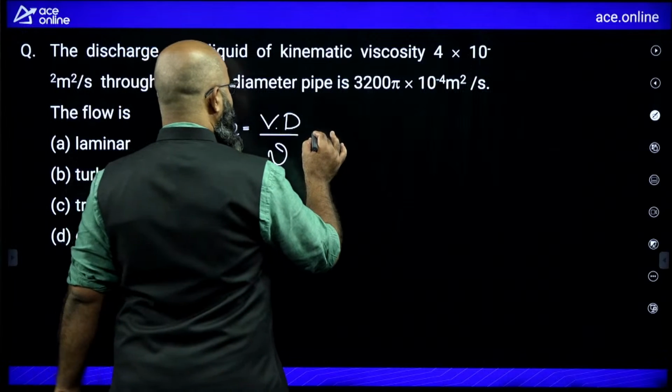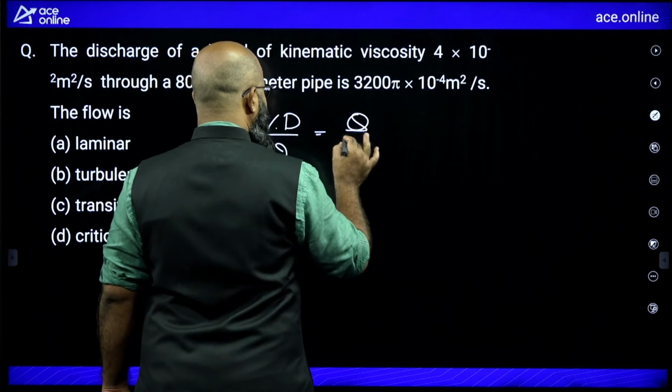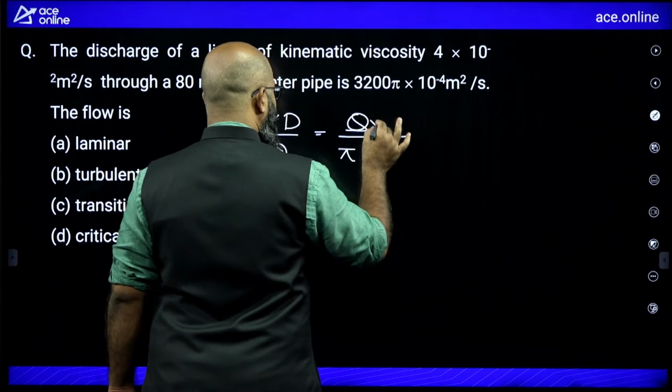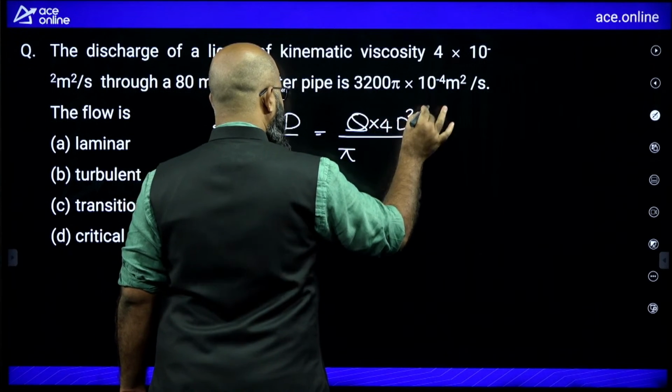We can also write V as discharge upon area. Area is equal to pi by 4 into D square.